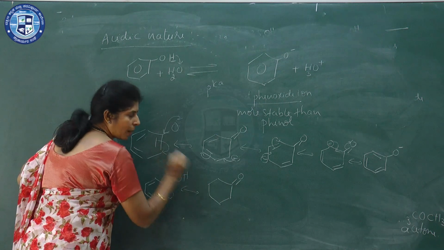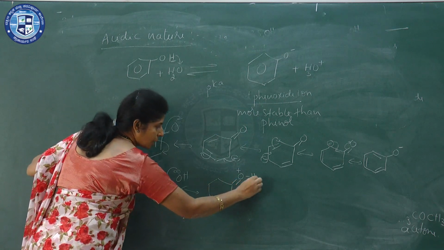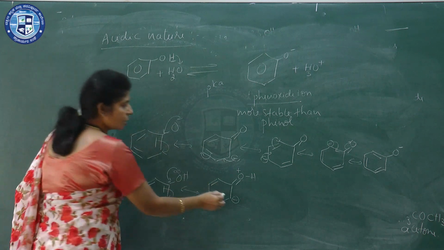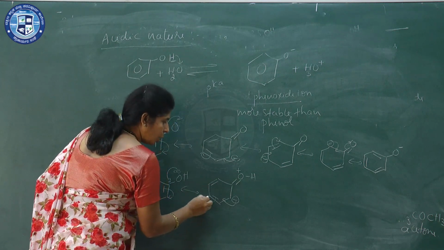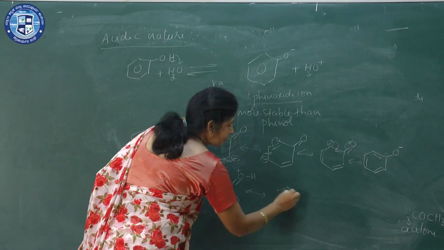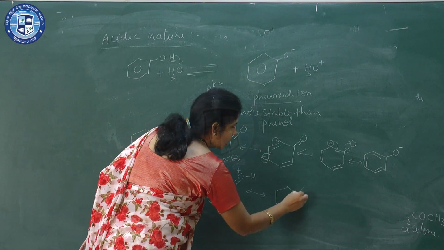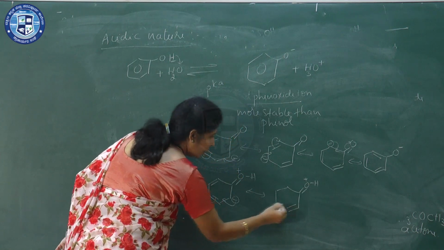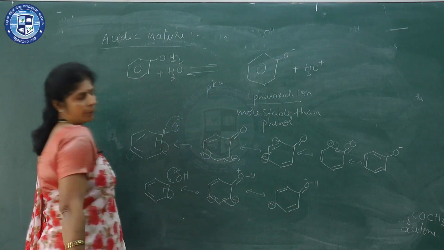The oxygen lost its pair of electrons, carries a plus charge, remaining is everything. Again this is shifted and this is to the corner. We get the third resonance structure, double bond O plus, and this is a double bond, minus, double bond.